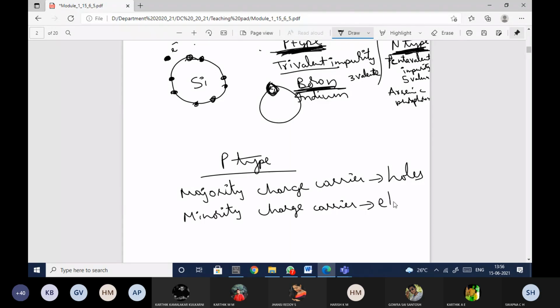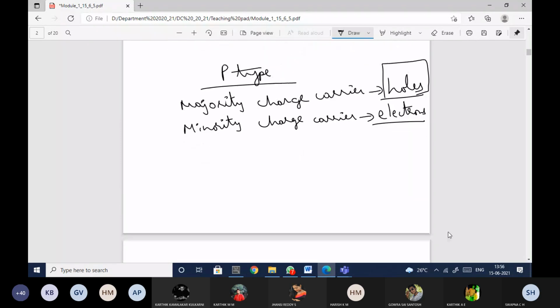Those are nothing but your electrons, and these electrons are free maybe due to the thermal energy. So in p-type, majority charge carriers are holes and the minority charge carriers are electrons. The number of holes present will be very much greater than the number of electrons present in the p-type material. That is the reason majority charge carriers in p-type material are holes and the minority charge carriers are electrons.